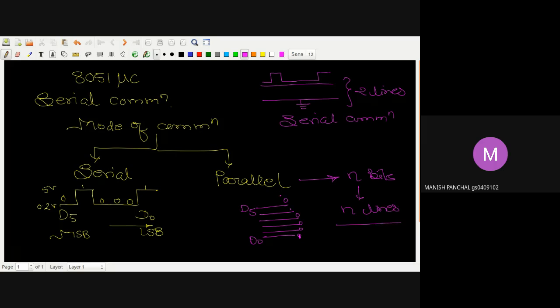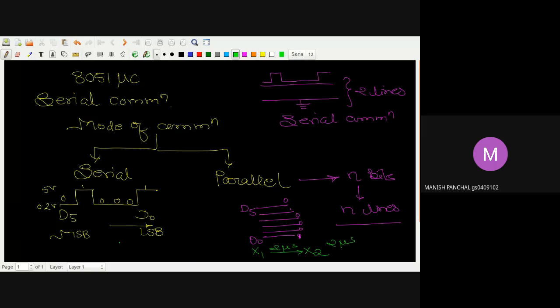Which one is faster? Obviously, if I start from the point x1 and I have to reach x2, I launched all the bits at x1 together, and it may be that they are received at x2 in, for example, 2 microseconds.